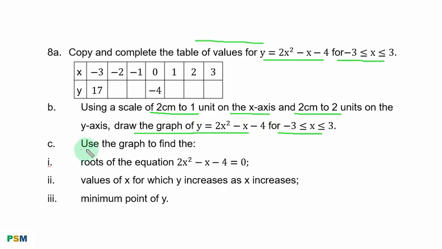C. Use the graph to find: Roman figure 1, the roots of the equation 2x squared minus x minus 4 equal to 0. Roman figure 2, the values of x for which y increases as x increases. Roman figure 3, the minimum point of y.